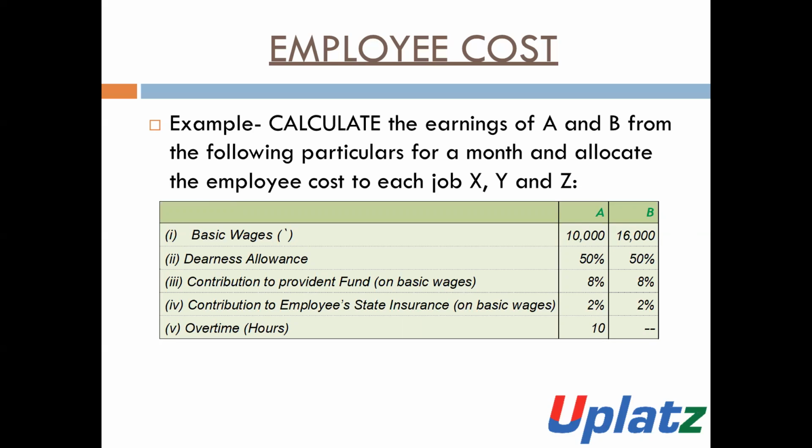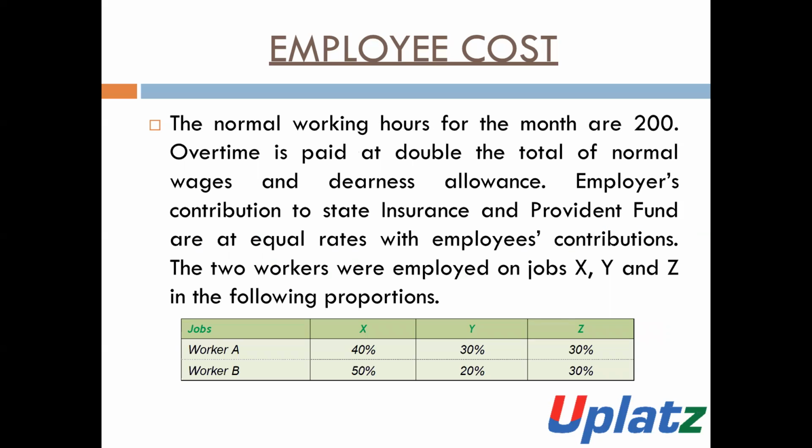Overtime hours of A is 10 hours. The normal working hours for the month are 200, and the overtime is paid at double, that is, 200% of basic plus DA allowance.